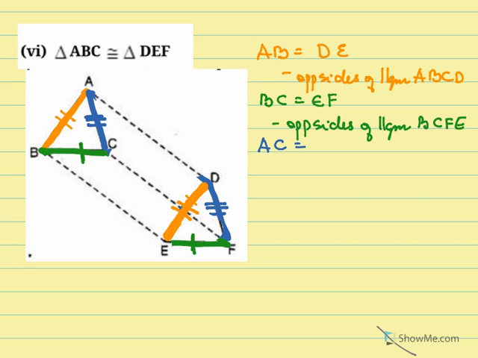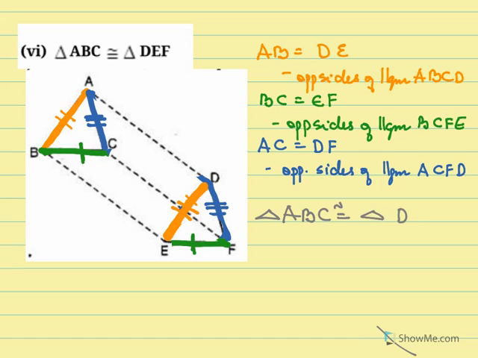And then we had AC equal to DF, reason, opposite sides of parallelogram ACFD. So triangle ABC congruent to triangle DEF by SSS test.